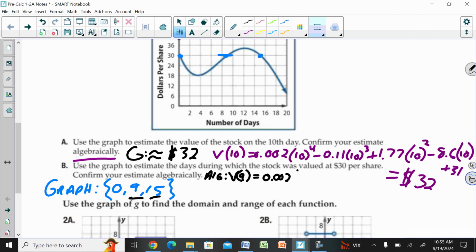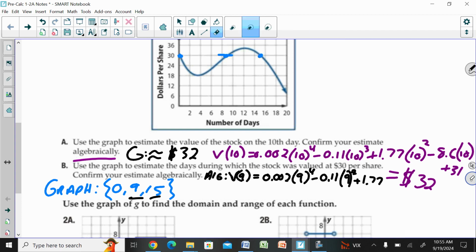0.002 times 9 to the fourth, and again it's a large function, minus 0.11 times 9 to the third power, plus 1.77 times 9 squared.